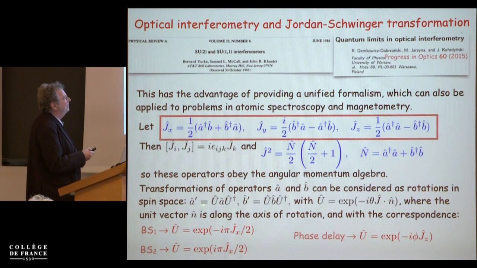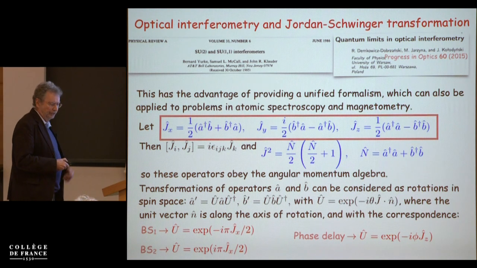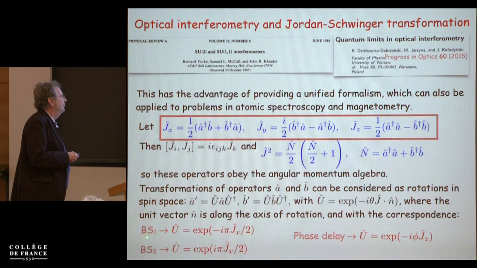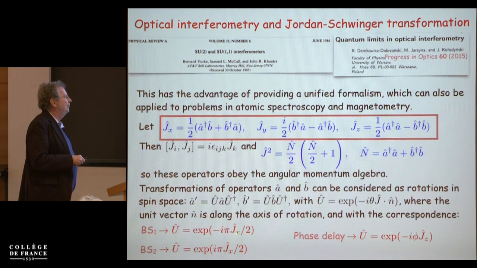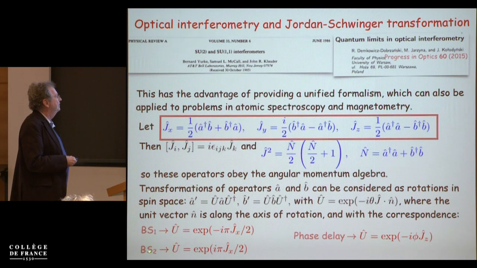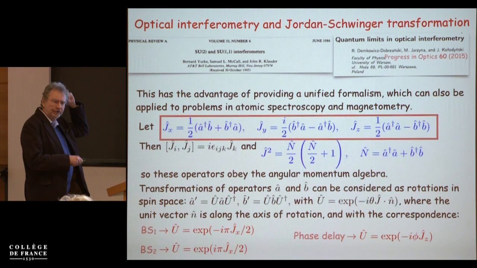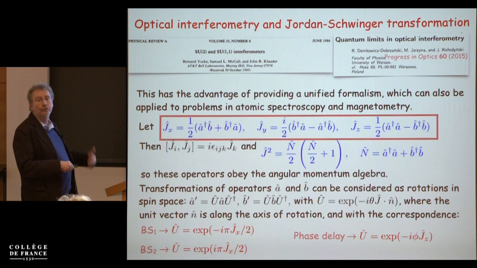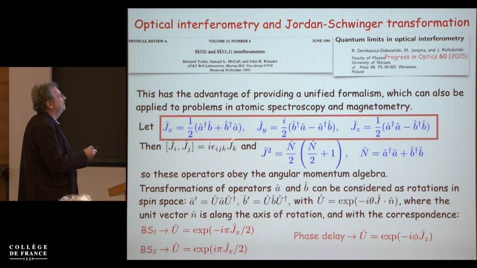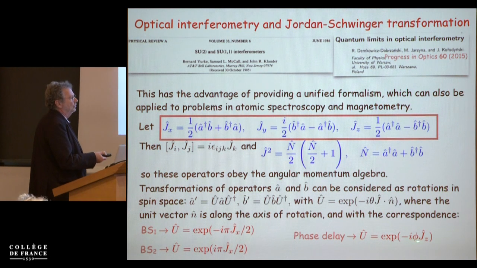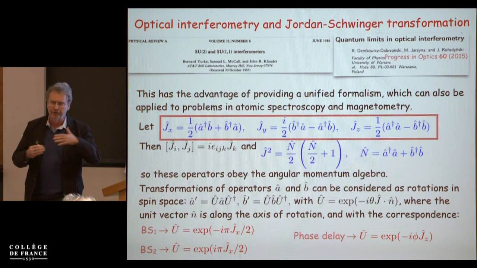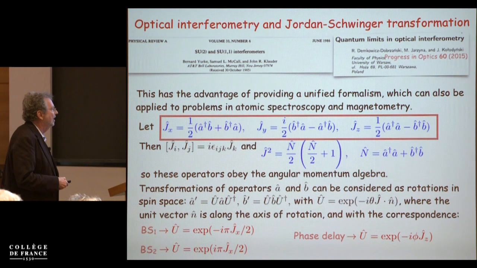And the correspondence between this transformation and the previous device is the following. Beam splitter 1 corresponds to a rotation along the x-axis by pi over 2. Beam splitter 2 corresponds to a rotation along the same axis with minus pi over 2, or vice versa. Okay, so one is the inverse of the other, so that the product of the two gives us 1, as expected. And then the phase delay is associated with this operator here, which is an exponential of Jz, which produces this differential phase in both arms.